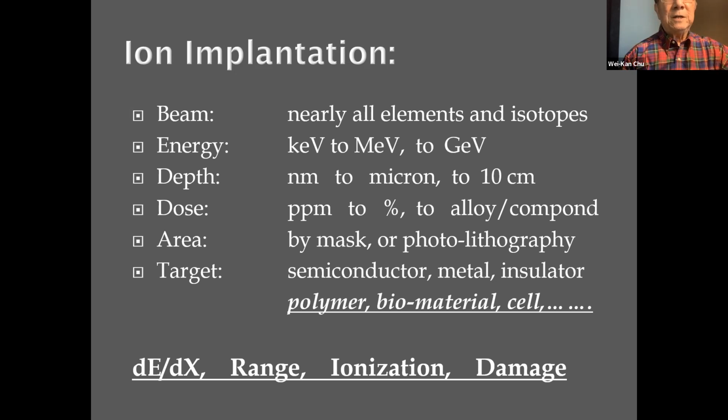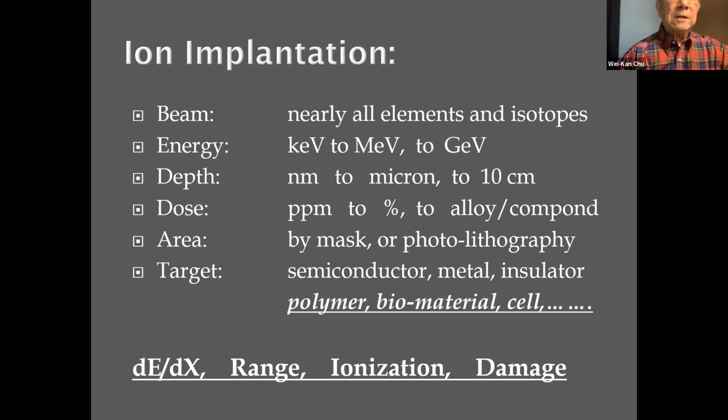So implantation really is based on your imagination. I remember some of my friends actually trying to implant dust particles, involving thousands of atoms, and they can implant those. So the beam is based on your imagination.